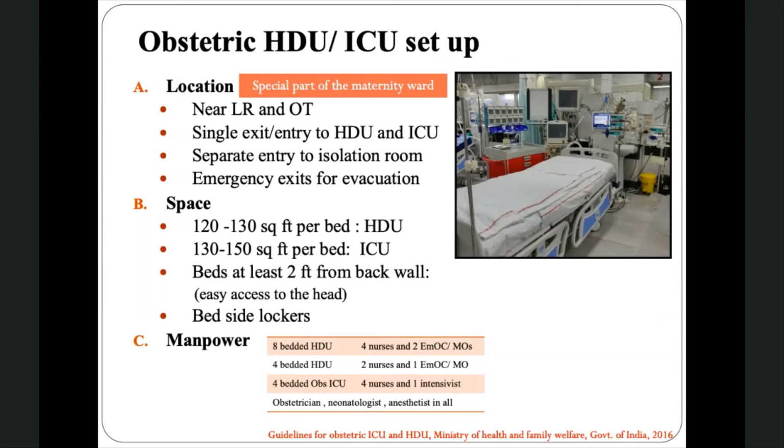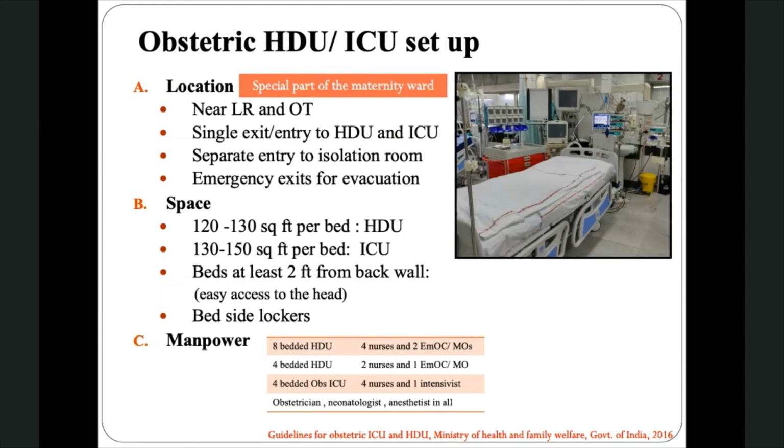Regarding location, the obstetric HDU and ICU should be near the labor room and OT. Space required for HDU is 120 to 130 square feet per bed, and for ICU 130 to 150 square feet per bed. For manpower, for an 8-bedded HDU, 4 nurses, 2 emergency obstetricians on call, and medical officers should be there.